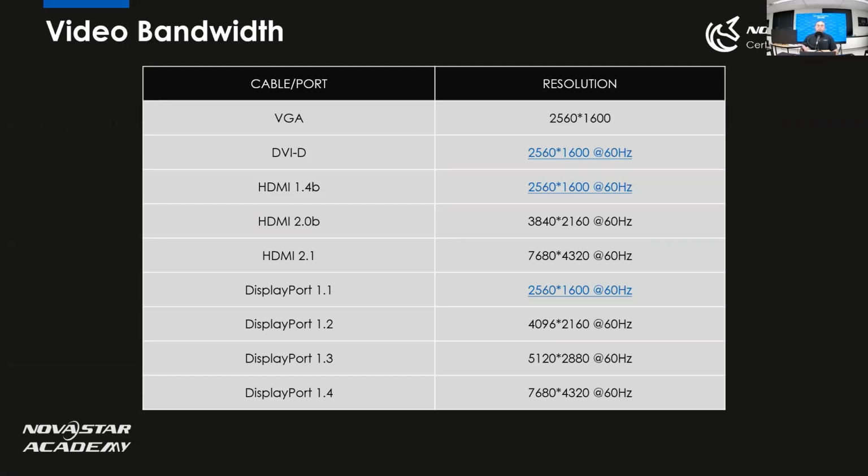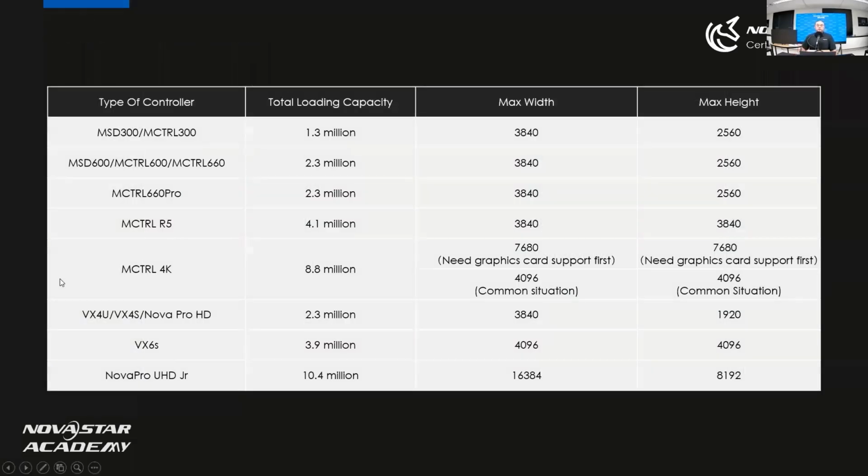Okay. So I believe you should be familiar with HDMI 2.0, 2.1, DisplayPort 1.1, 1.2, something like this. This form you can always get on the website, but this next form maybe you can only get from now. Here we share the form which lists the name of the controller, the total loading capacity, the maximum width and the maximum height.